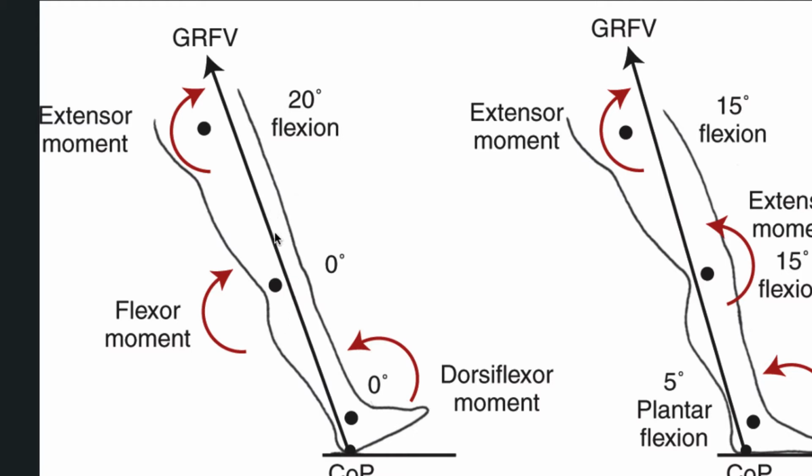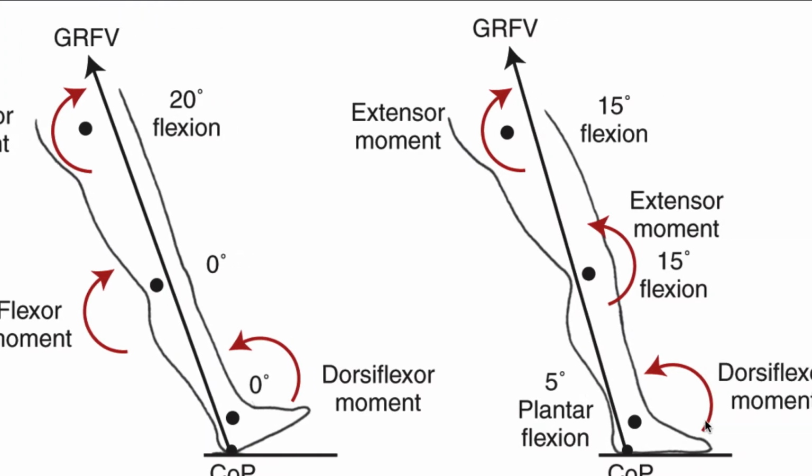And then up the chain, now our ground reaction force vector is anterior to the hip joint. So our line is pushing our thigh up towards our trunk, creating an external flexion moment. And so our extensors come on to fight that flexor moment to be able to stabilize the hip there.